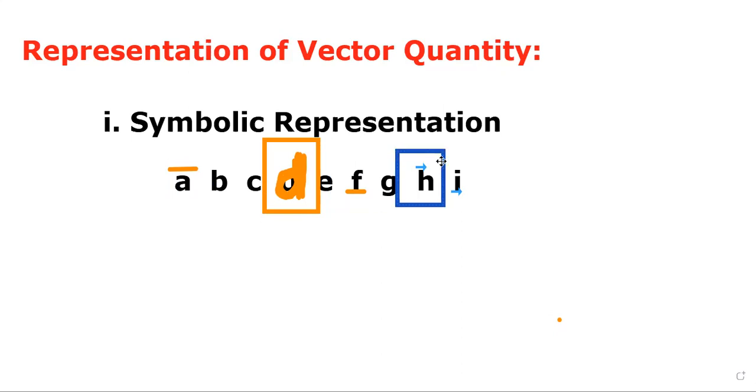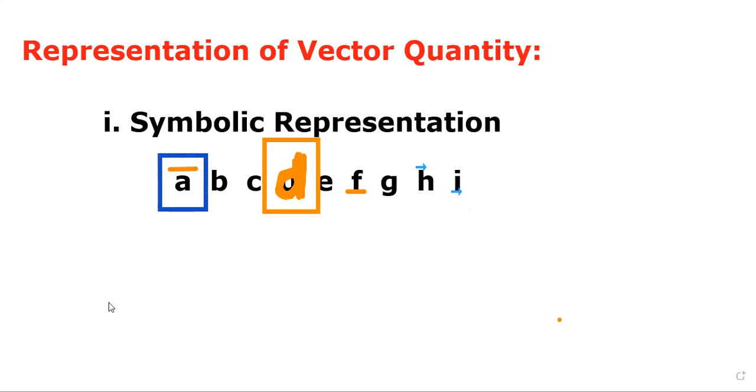This is for physics, this is for maths. In case of maths the representation is quite like this, but in physics we put an arrow on any letter. That is actually the representation of a vector quantity.